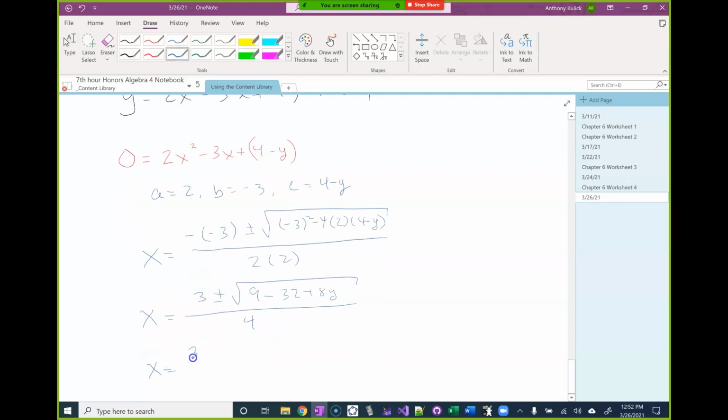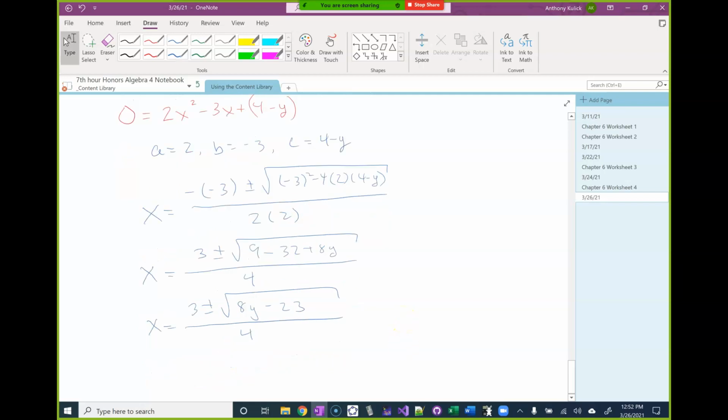Okay with that? Here's the yuckos, though. Still got that plus or minus. I'm going to think about that as 3/4 plus or minus the square root of 8y minus 23 over 4.